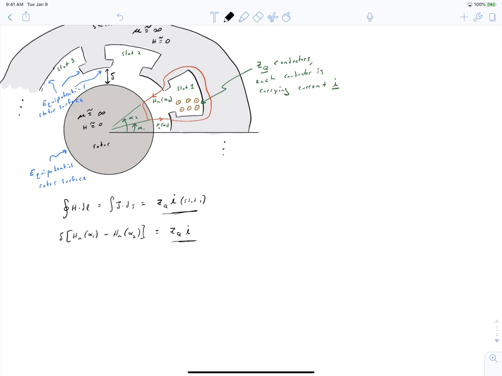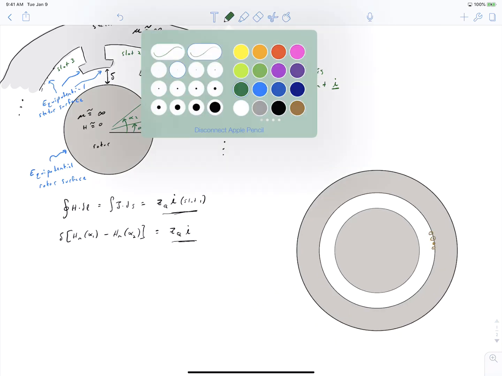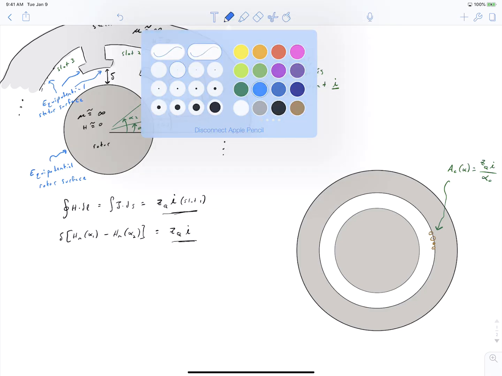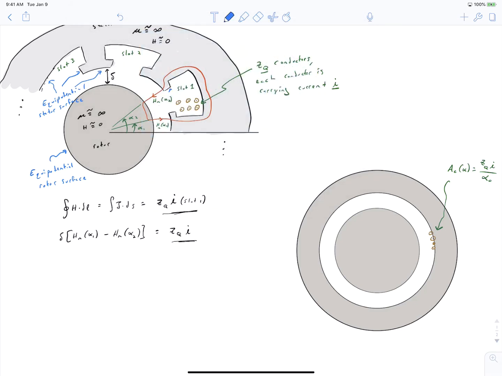Given these assumptions, we could draw an equivalent machine that has a surface current density on the inner bore of the stator as follows, where we've divided the total slot current, ZQI, by the angular span of the slot opening. So if we call this angular span alpha 0, we can see that there's a surface current density on the inner bore of our stator at that location.